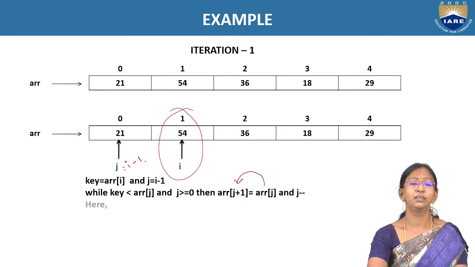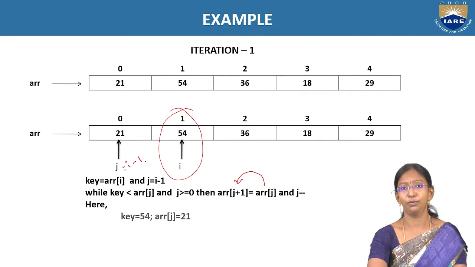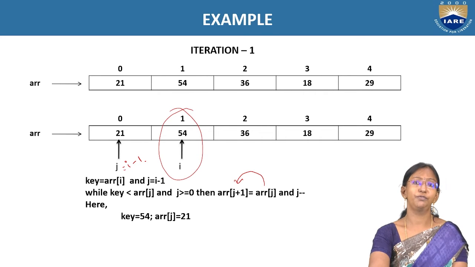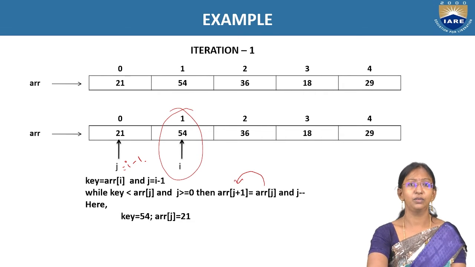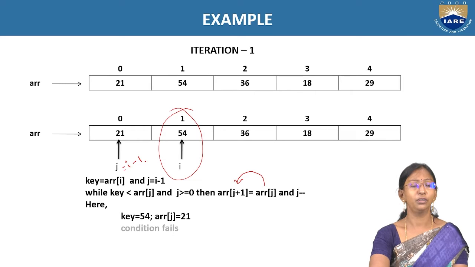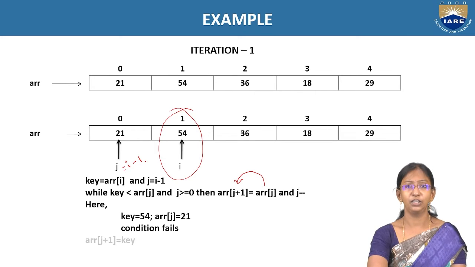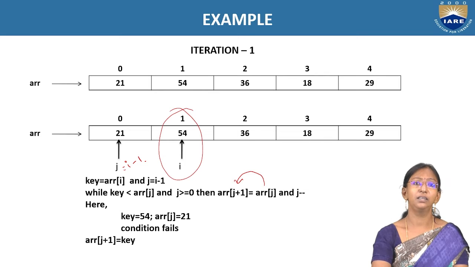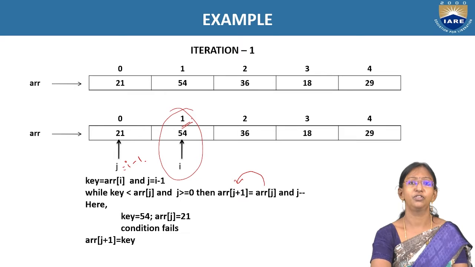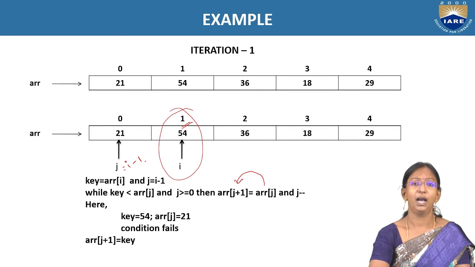Here the key value is 54 and j is pointing to 21. Is 54 less than 21? The condition fails. As the condition fails, the key value is placed in the j plus 1 position. What is the j plus 1 position? j is at 0, and if you add 1 to it, it will be 1.